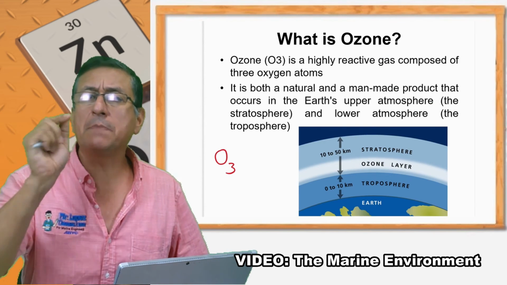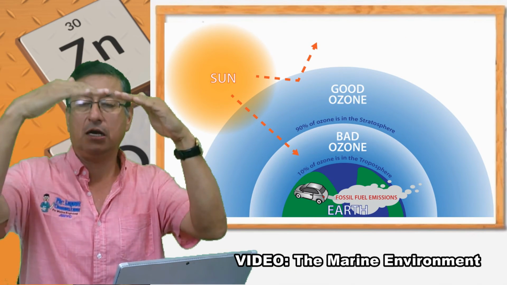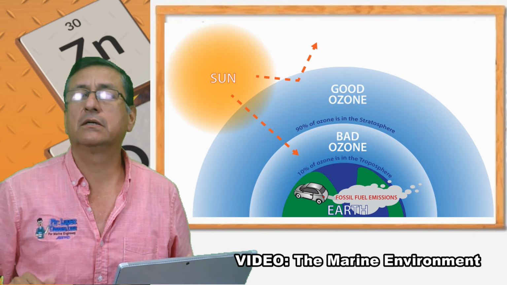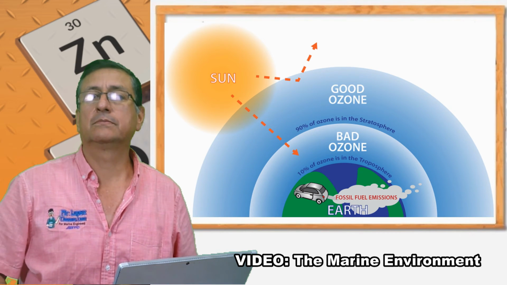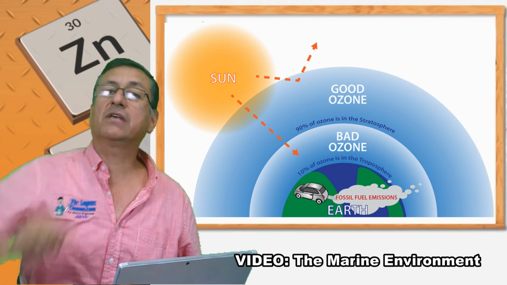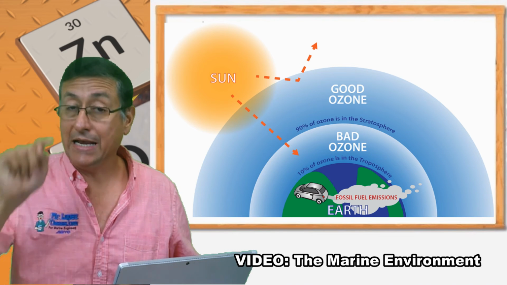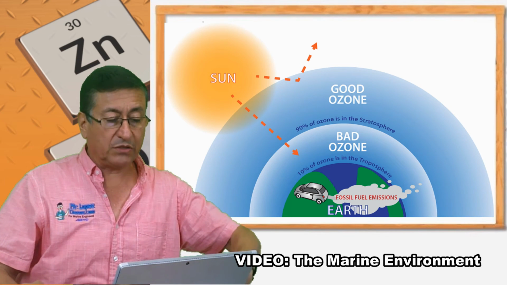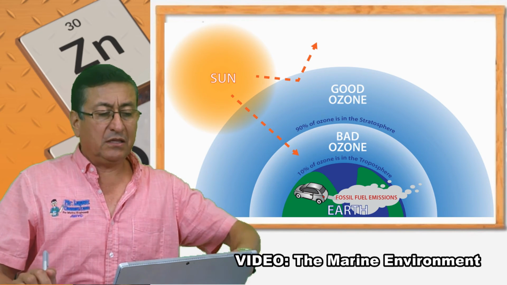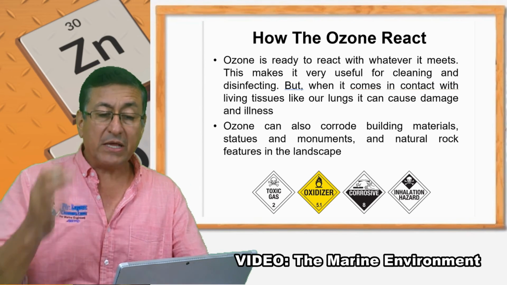There are two types of ozone. The ozone created close to the surface of the Earth is bad ozone. And the ozone in the stratosphere, in the second layer, is good ozone. Now I am going to explain why. Ozone is ready to react.